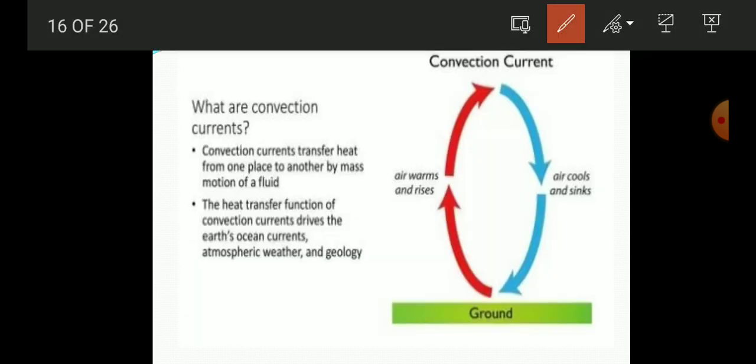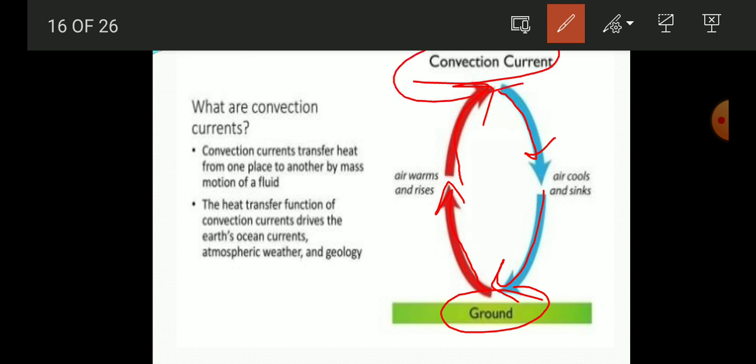Similarly, from the ground, when the air gets warmer, warm things are lighter, and that is why they move upward. The cool air then comes to take its place. This type of movement is possible in convection only.